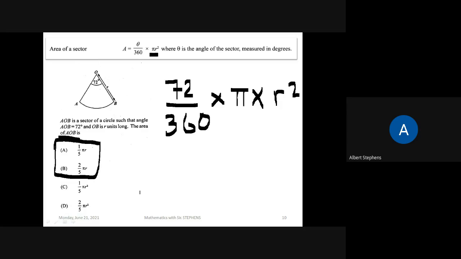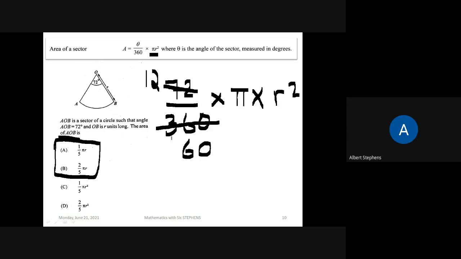Somebody check that. Yes, sir. 6 times 12 is 72. All right, let's use 6. So 6 into 72 goes how many times? 12. And 6 into 360 gives you 60, not true?